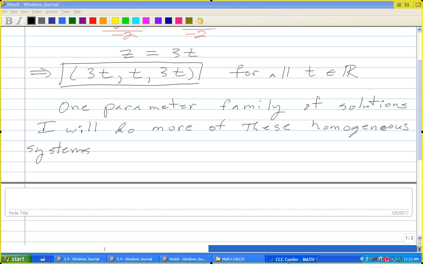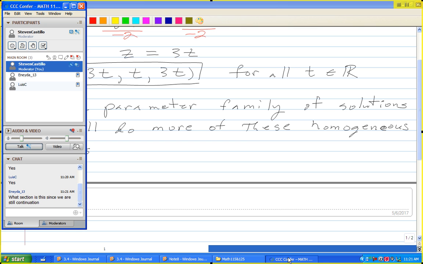Oh, yeah, so right now, we're just finishing, this was the very, very last problem that I was doing in section 12.1.